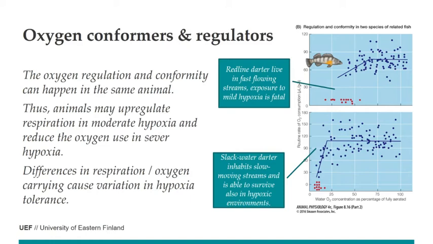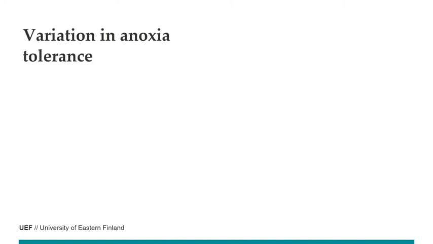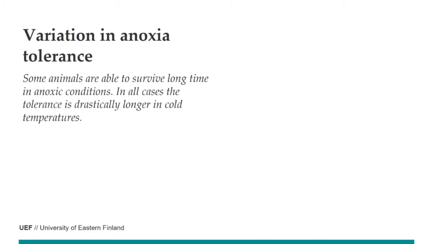But in both cases, they can't tolerate very low oxygen concentrations at all, or lack of oxygen. But we have animals that are tolerating it. So some animals are surviving a long time in anoxic conditions.